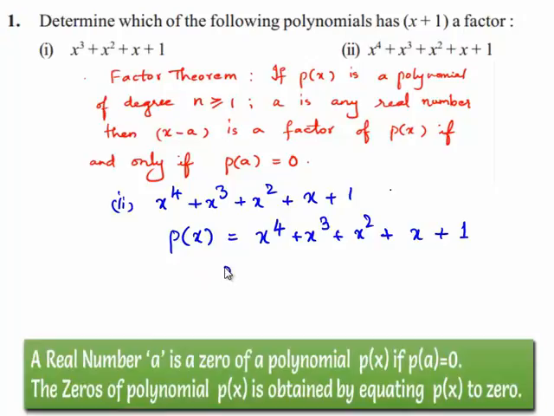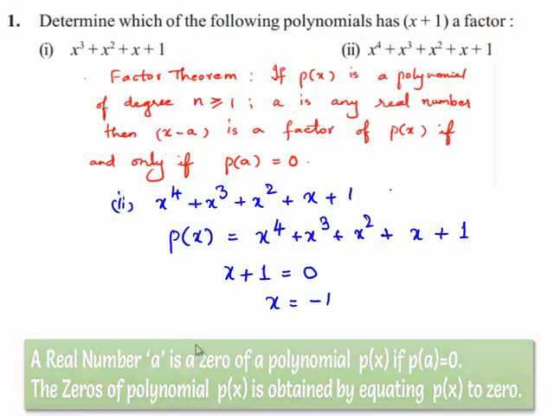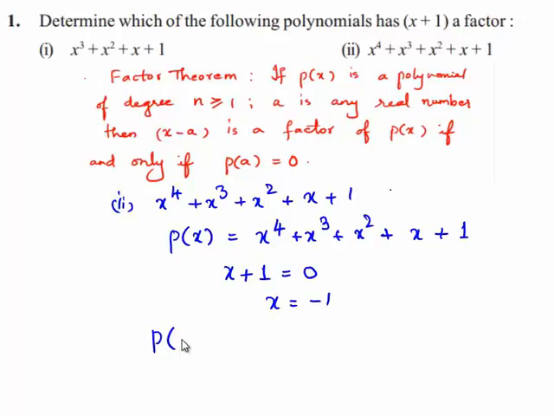And the 0 of the polynomial we have obtained already, by x plus 1 is equal to 0 and x is equal to minus 1. So let us substitute x is equal to minus 1. That is p of minus 1 is equal to minus 1 power 4 plus minus 1 whole cube plus minus 1 whole square plus minus 1 plus 1.